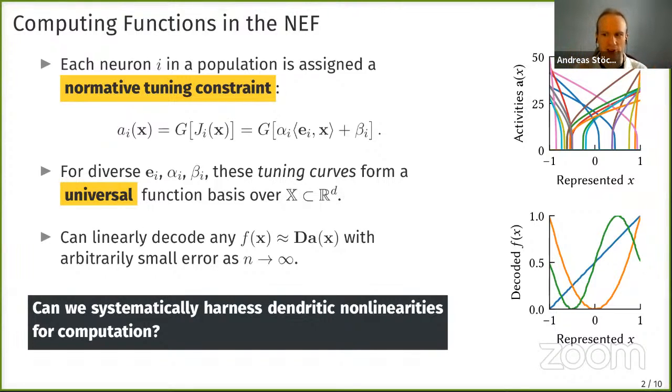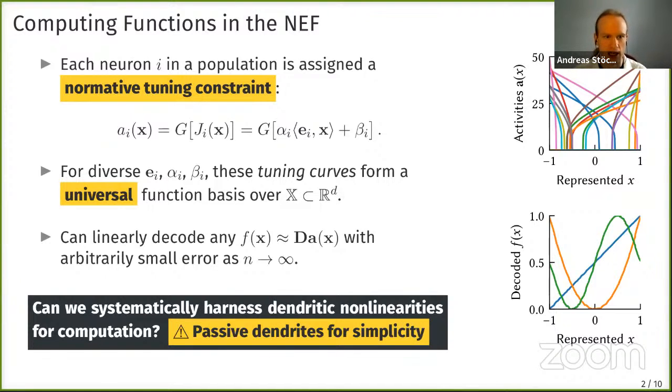From a population of neurons, we could decode anything. The important thing here, as I already mentioned at the beginning, in contrast to what most of the speakers before me have been talking about, is that I'm focusing on passive dendrites first, because we just like to start simple with a simple model of dendritic computation and see what that gives us.